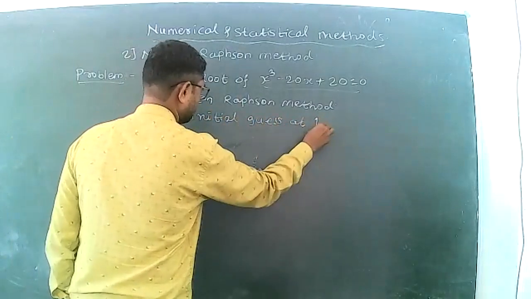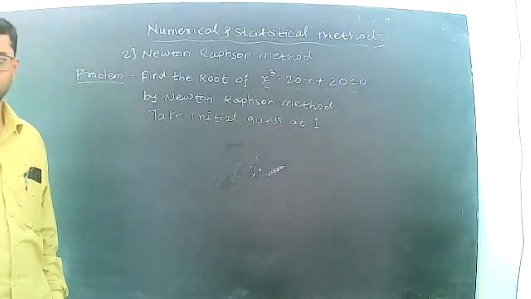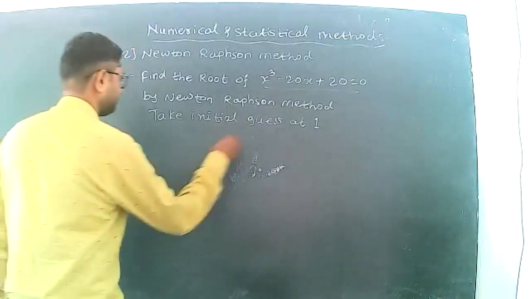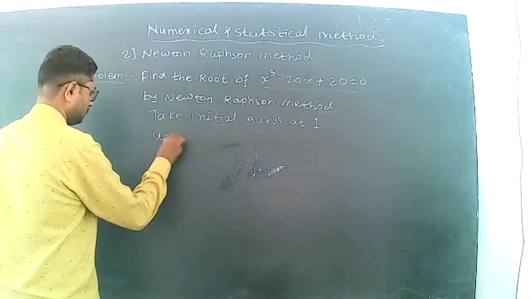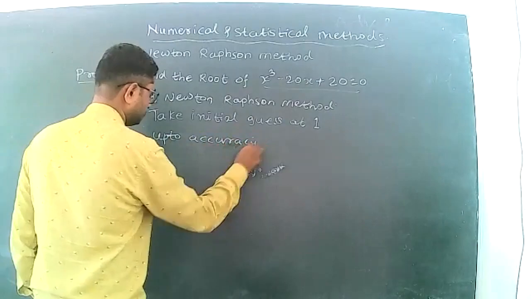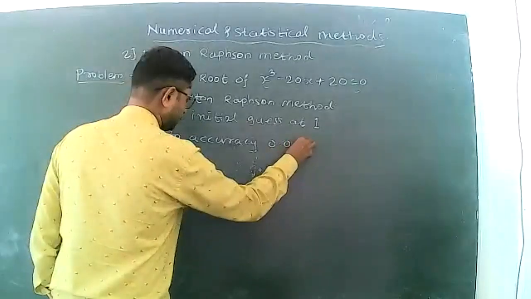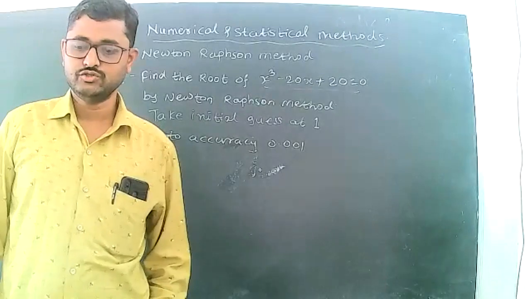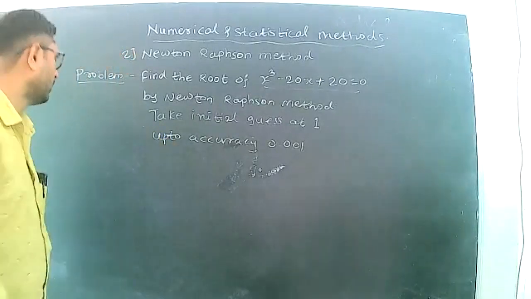Take initial guess as 1, up to accuracy 0.001.